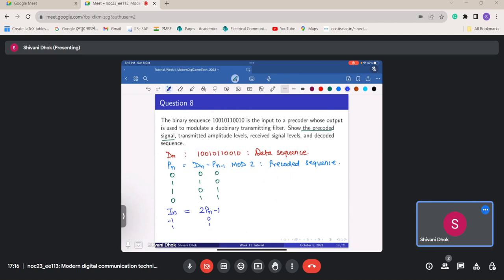Okay, I hope this much part is clear to you. So this is your transmitted amplitude levels.